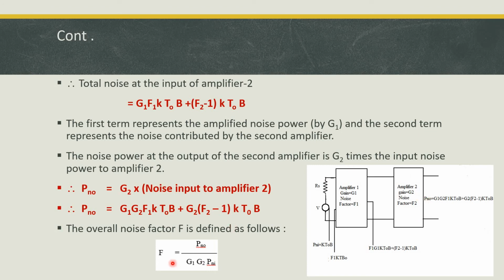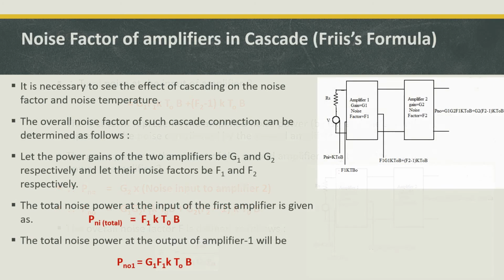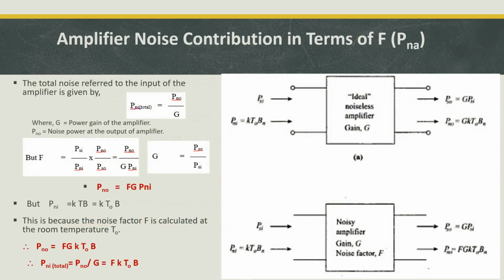So that's why the noise factor equation is total output divided by G1 G2 multiplying with Pni. This formula we are already familiar with from the previous derivation. You can see here Pn0 divided by G, because here only one amplifier is there. The total input noise is equal to total output divided by gain factor.